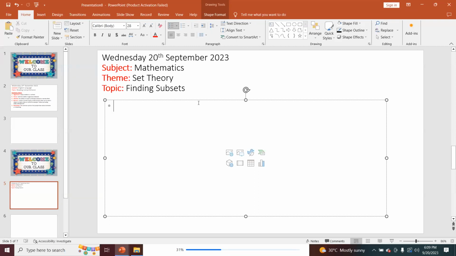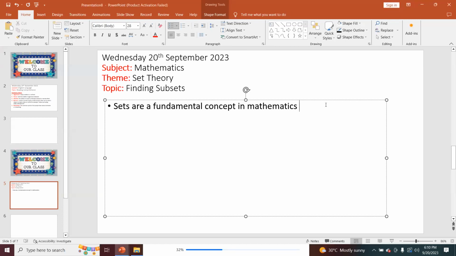So let's begin with writing these notes, and then we're going to dive deep into what we're doing. Sets are a fundamental concept in mathematics. Please write this down for me. So we know it's fundamental, and when we say fundamental, it forms the basics of everything that we do in maths.